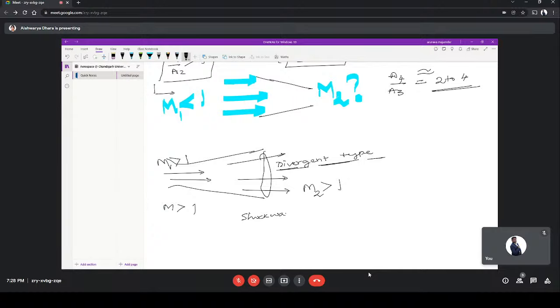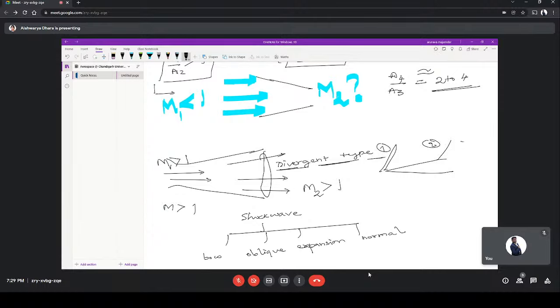Now there are further different types of shock waves. Basically we have four types of shock waves. One is the bow shock wave, then the oblique shock wave, the expansion shock wave, and we also have the normal shock wave, right? Now there is a possibility that in a GATE exam they will give you some shape, and some regions like one here, one here, one, two, and three.